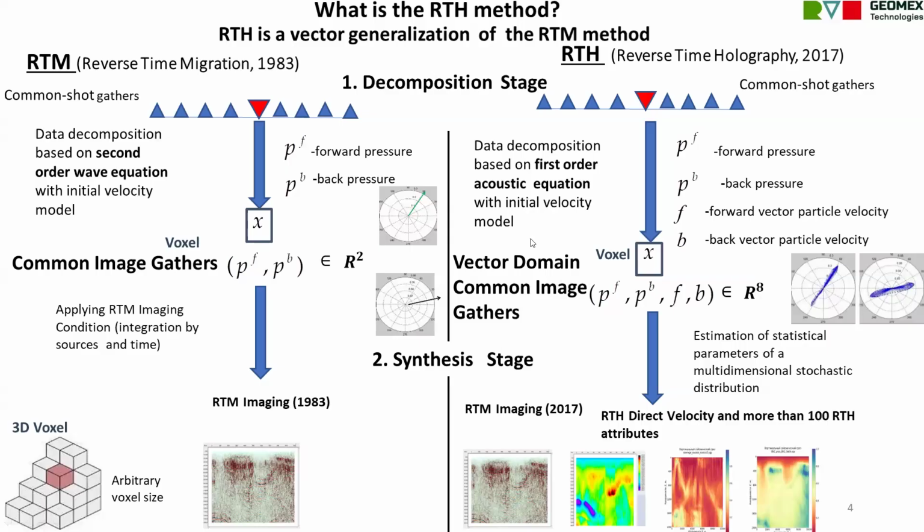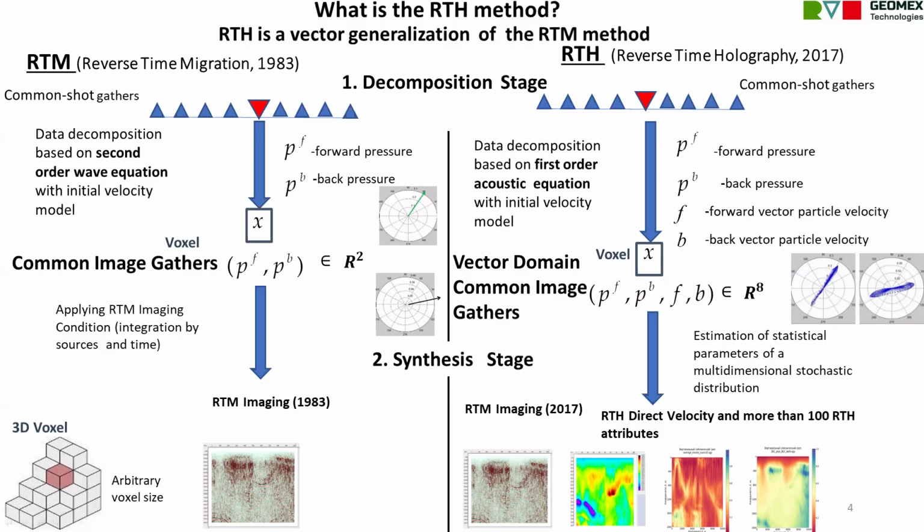For the reverse time holography we use the first order acoustic equation, which calculates pressure forward, pressure back, the forward particle velocity vector and the back particle velocity vector. So we obtain 6 plus 2, 8 values in each voxel. Space 2 versus space 8. The space 8 data set is much larger than the common image gather, approximately 1,000 times more.